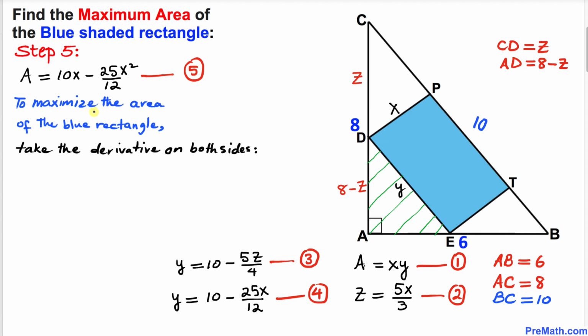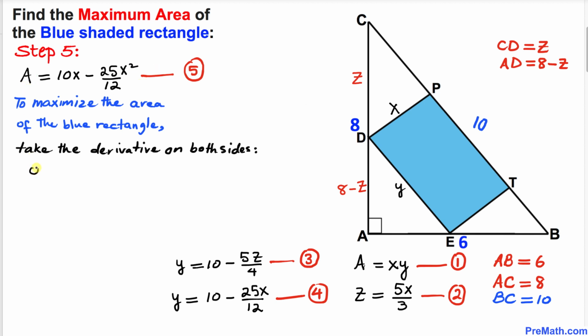And now since we want to maximize the area of this blue rectangle, we are going to take the derivative on both sides of this equation 5. And just keep in mind the derivative of a constant a is going to be 0. The derivative of x is going to be 1. And the derivative of x squared is going to be simply 2x. So let's take the derivative.